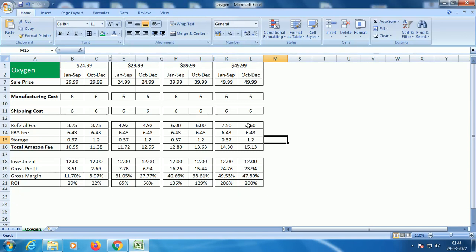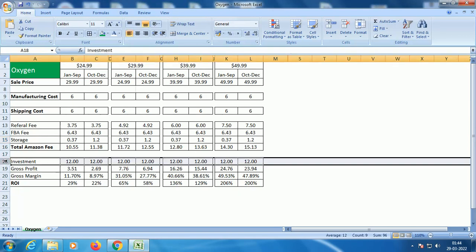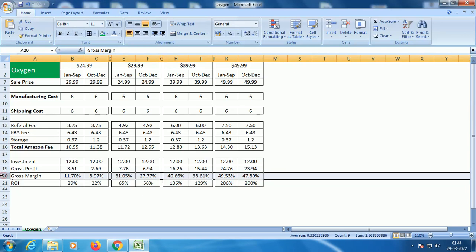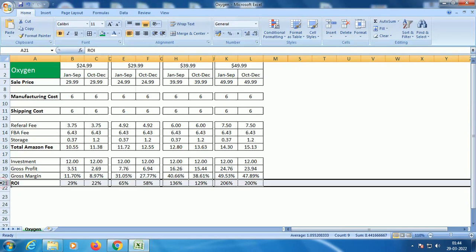So that shouldn't be a big problem for you to get this data. And then comes your investment part. What is your expectation in terms of investment? How much are you going to invest per unit? And then what is your gross profit, and what is your gross margin, and what is your ROI? So you need to be aware of each and every line item that I just spoke about, right?